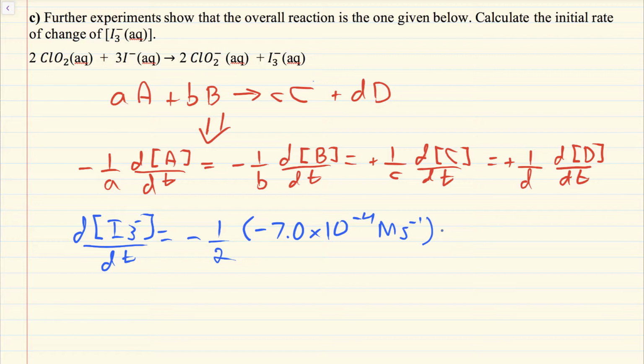And after inputting that into our calculators, we get a value of 3.5 times 10 to the negative 4 molars per second.